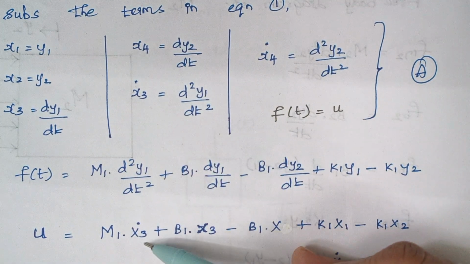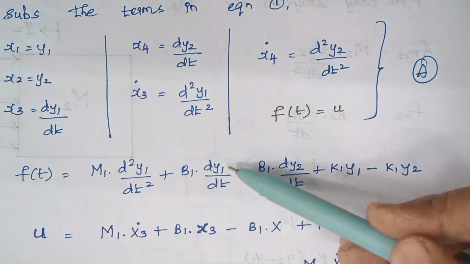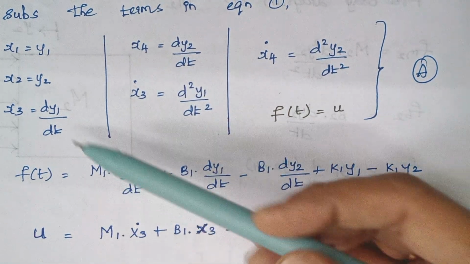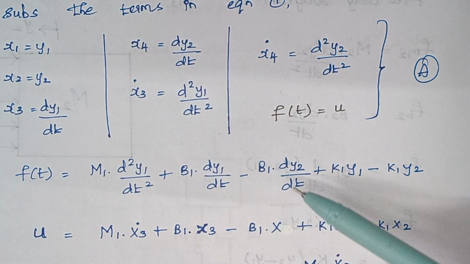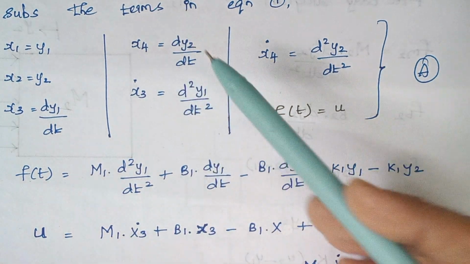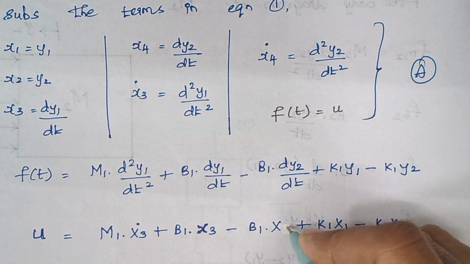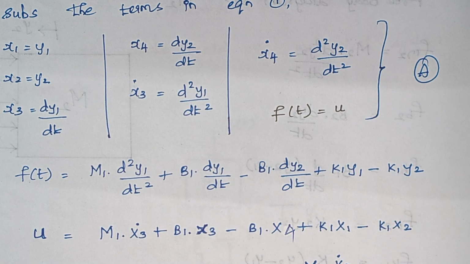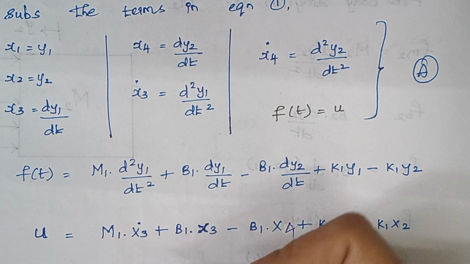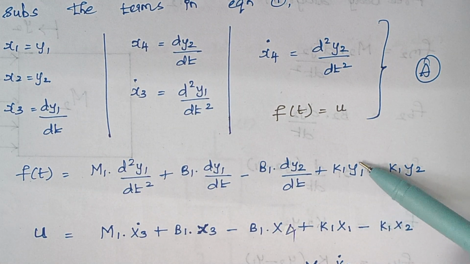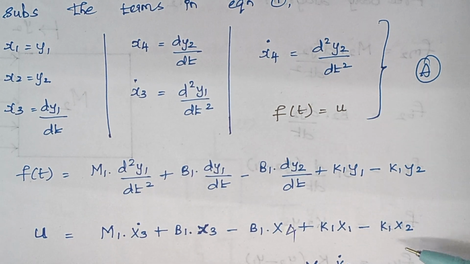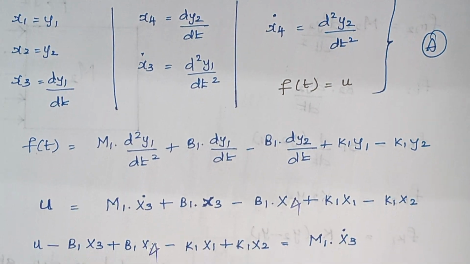Plus b1, this dy1/dt is nothing but x3, and dy2/dt is x4. So replace it here with x4. And plus k1 y1 is nothing but x1 and y2 is nothing but x2.